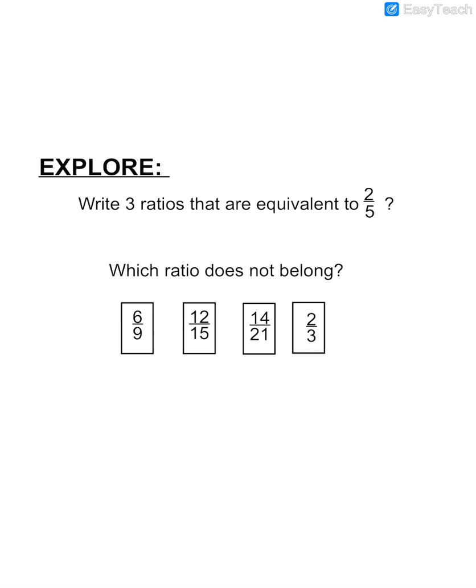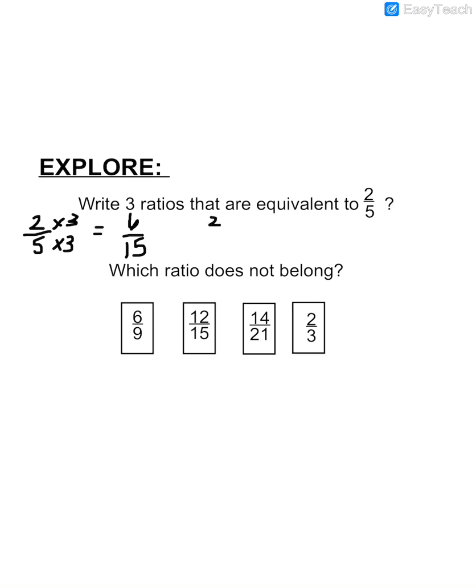Write three ratios that are equivalent to 2/5. So now if we have the fraction 2/5, I can multiply the numerator and the denominator by the same number to give me equivalent ratios. So for example, if I took 2/5 and times by 3, I would get 6 over 15.